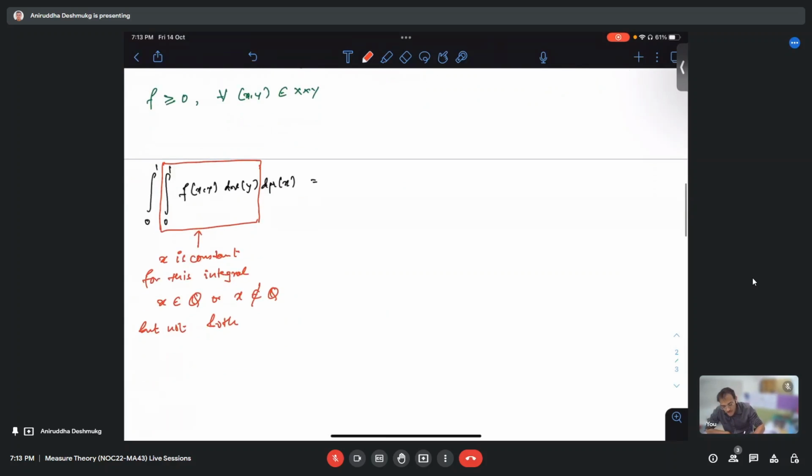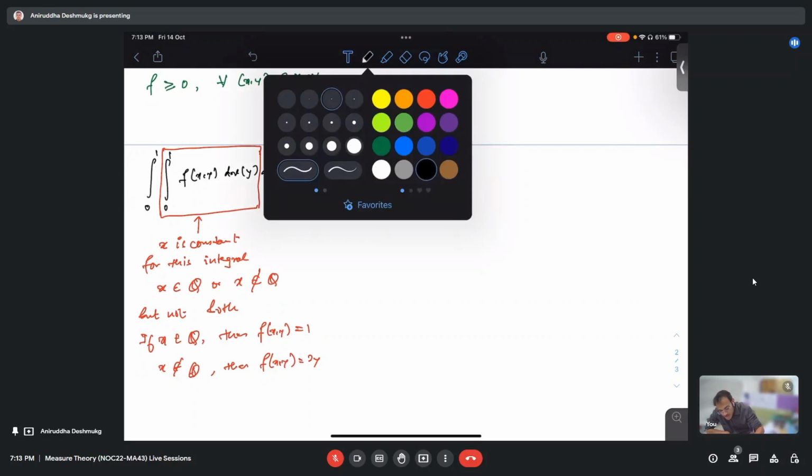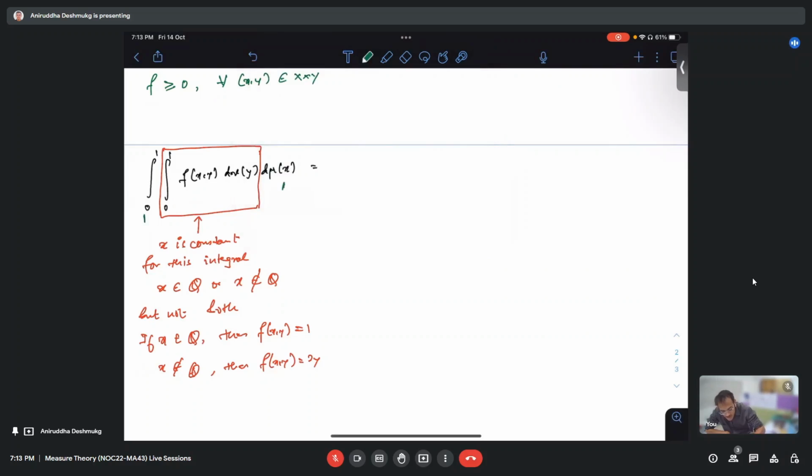So either x is rational or x is irrational. If x is rational, then f(x, y) is going to be 1. If x is not a rational number, if it is irrational, then f(x, y) is going to be 2y. So I can split the outer integral into two parts: when x is a rational number between 0 and 1, and when x is not a rational number between 0 and 1.